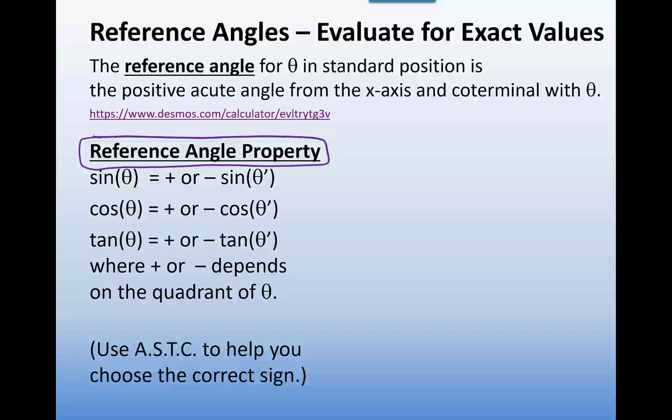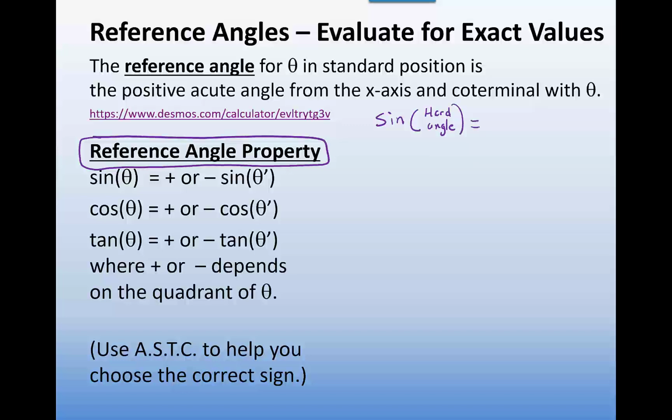It basically says that you can take a trig function. I'm just going to use sine as an example. Sine of a hard angle. This is one you haven't memorized yet.